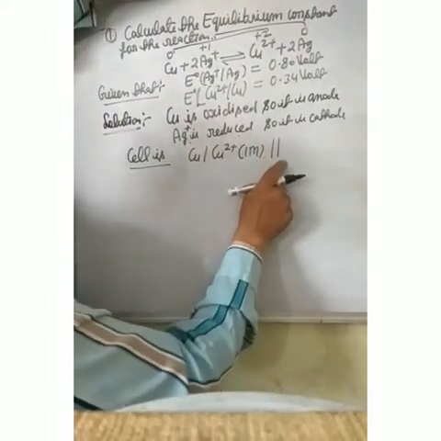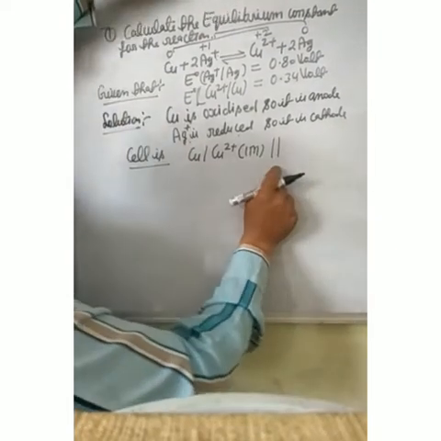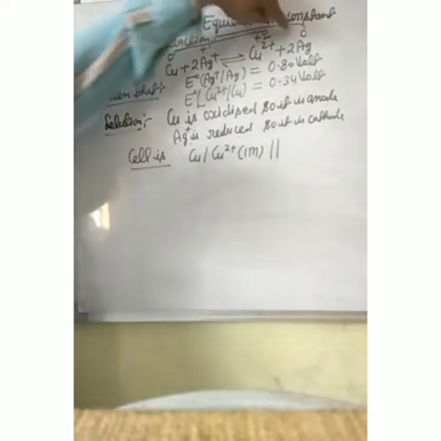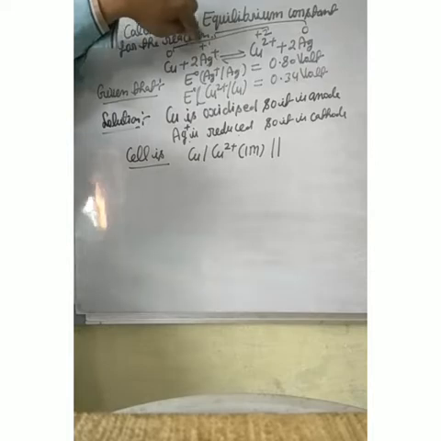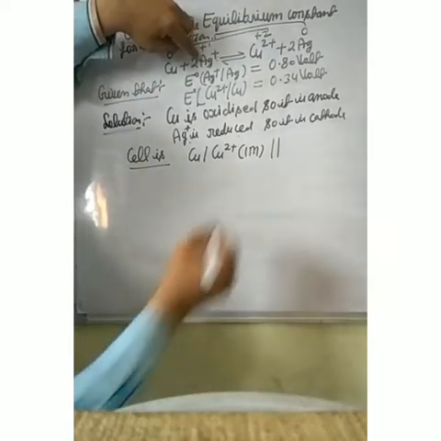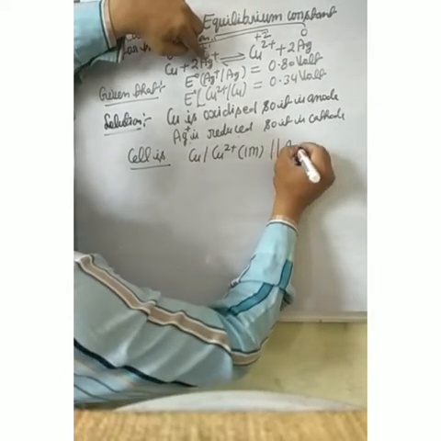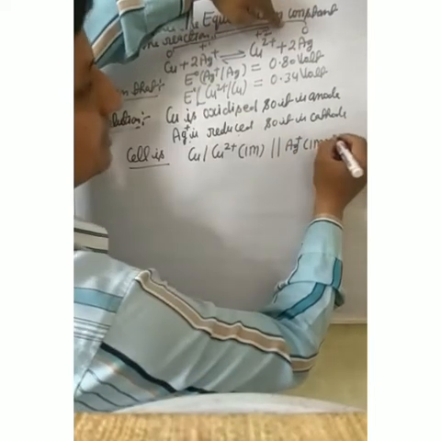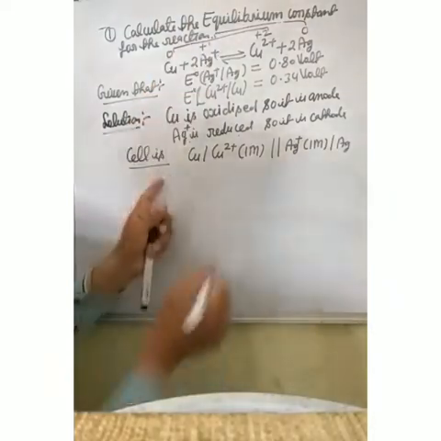So this is the symbol of the salt bridge. After this, silver ion converts into silver. So we write silver ion, concentration 1 molar, and it changes into silver. So this is the cell reaction.